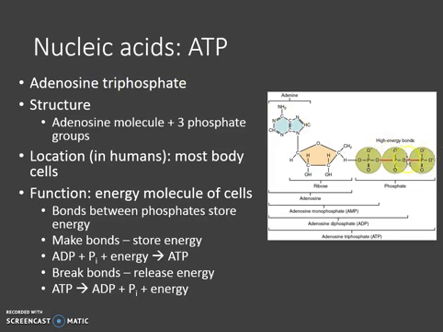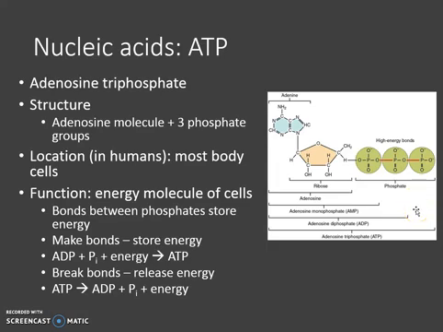So if we were to get rid of these two here, we would just have a normal nitrogenous base. We'd have a nucleotide. But there are extra phosphates on here, and these red bonds in between the phosphate groups, that is where energy is stored.